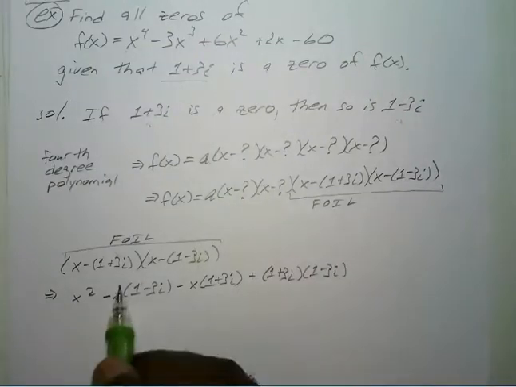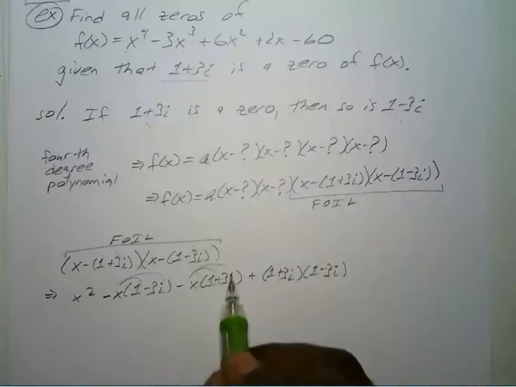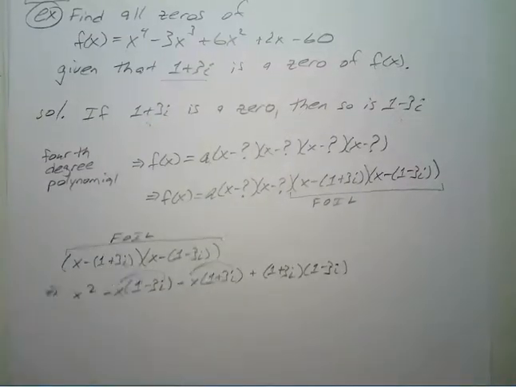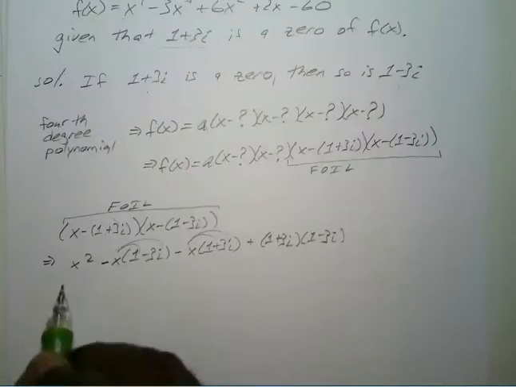Okay, and now we'll distribute because we made it a little bit easier. Distributing here would have made this a little tougher. This makes it a little easier, but you can do it either way.